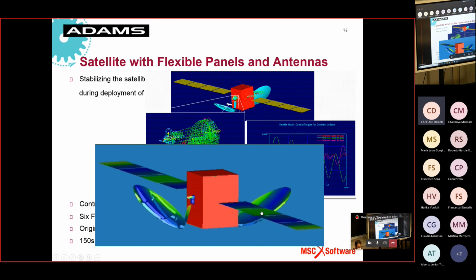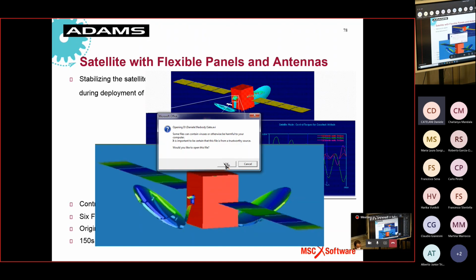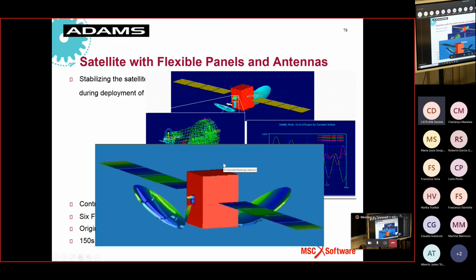Due to this vibration and deformation, you can have oscillation in the full system, and the satellite can go out from the right trajectory. So your control system has to be activated in order to recover the right attitude, the right trajectory, okay? So we need to run an analysis not with rigid bodies, but if the movie starts, I guess.